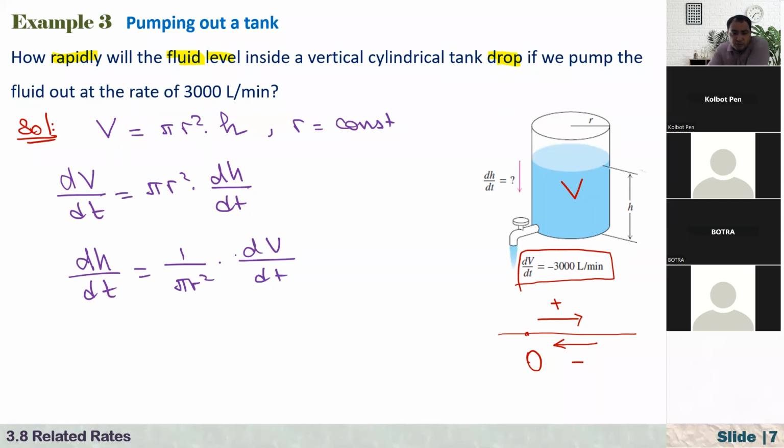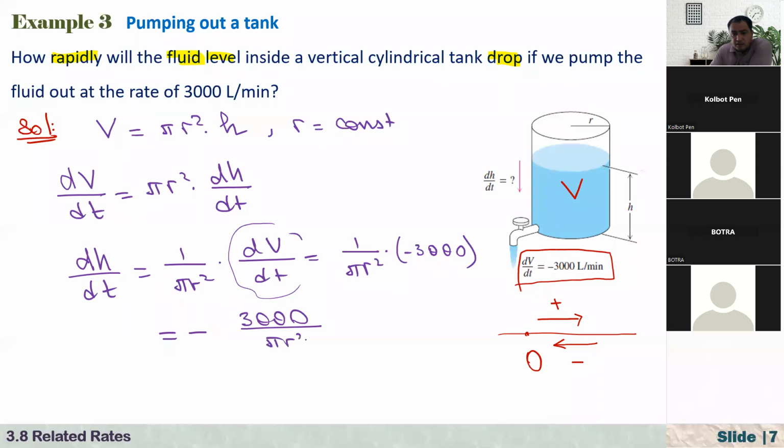If you evaluate this, it will be 1 over pi r squared, and dV/dt is equal to minus 3000, liters per minute. So that's equal to minus 3000 over pi r squared.